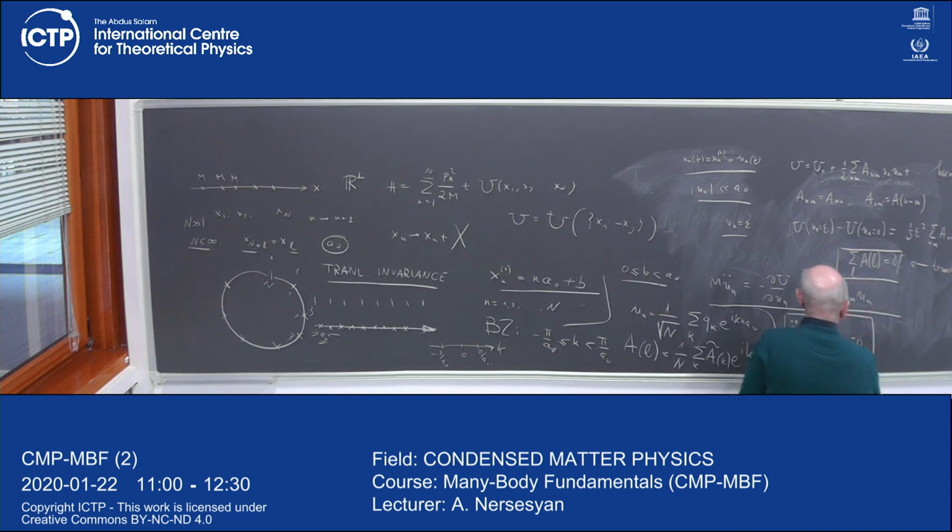Such a beautiful set of equations where omega_k squared is 1 over the mass times the Fourier transform A tilde of k of the dynamical matrix A, which will be 1 over N, sum over all l, A of l, and the exponent e to the minus i k l a naught.